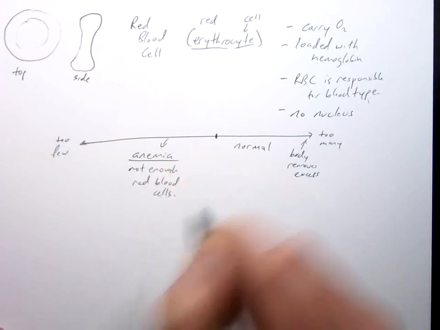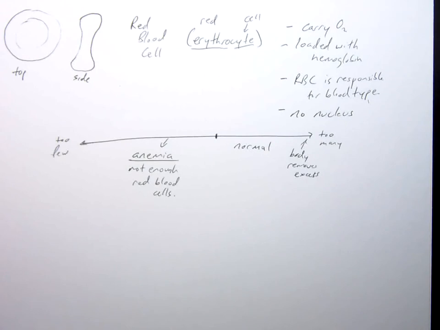Now, there can be a number of causes for this, and a lot of times it's just a result of not getting enough iron in your diet. That's not in every case, but in a lot of cases it is. We cannot manufacture iron because iron is an element. Anything on the periodic table, we do not have the capacity to manufacture at all. Our bodies can't make it. Those are like the Legos of the universe.